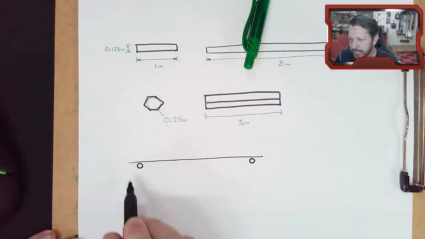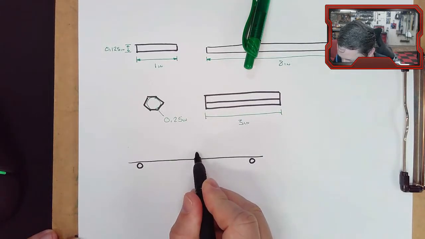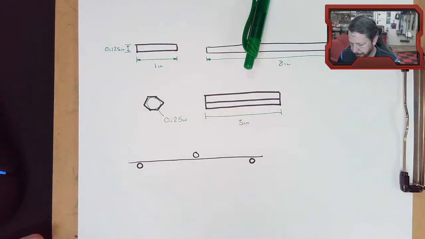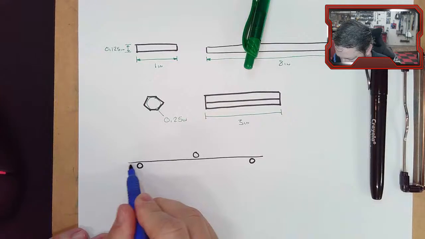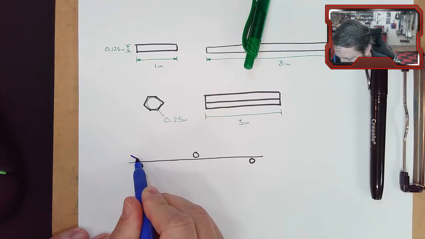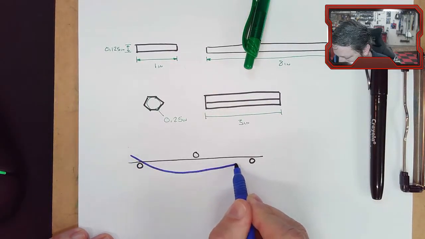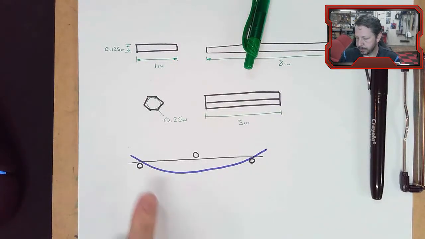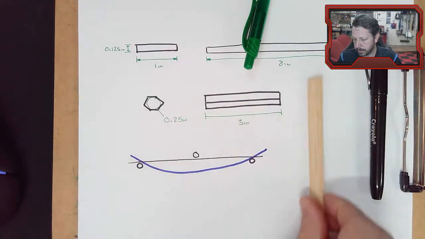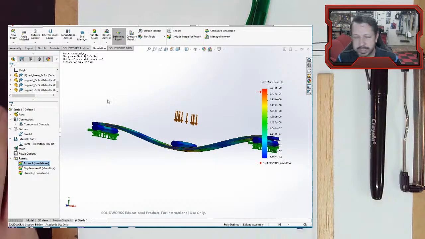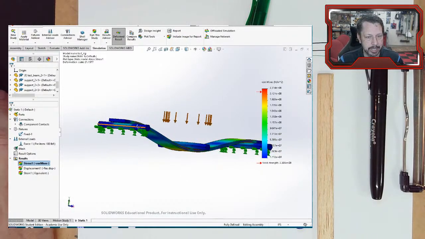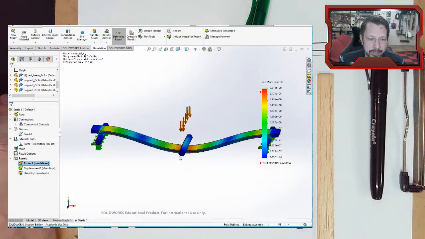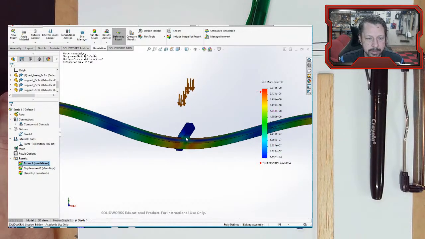But if we have a beam that's just sitting there, we push in the middle, there's nothing holding this down over here. So you'd expect something like this. Just a smooth curve. But we got this S-shaped thing, and that's because of that bonded connection between the surfaces.